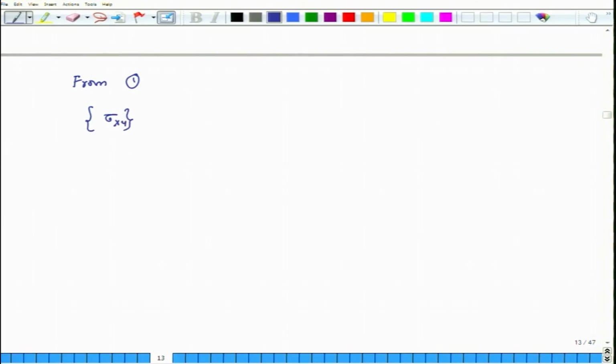sigma xy, that is stresses as measured with respect to x and y axis, are nothing but inverse of T1 times sigma LT. Okay. But we know that sigma LT is what?